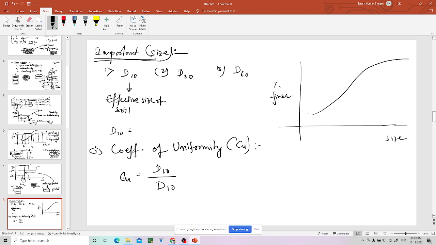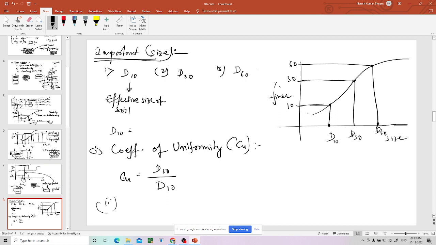Now what you have to do? 10 will be there, 60 will be there, 30 will be there. You just draw a horizontal line from 30 and find the corresponding size on the curve. This is D10, this is D30, this is D60. You use them in finding these two coefficients.